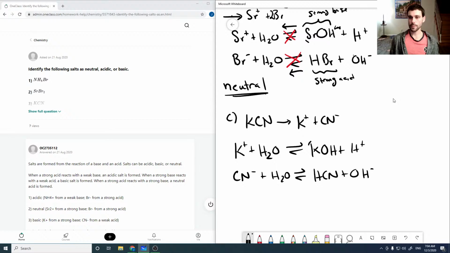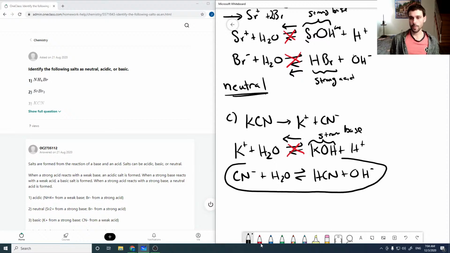Now again, as before, this is a strong base, and so this reaction doesn't occur. It actually just goes this way, and so the only reaction that's going to occur is this one, which gives us OH minus in solution, so this is going to be basic.